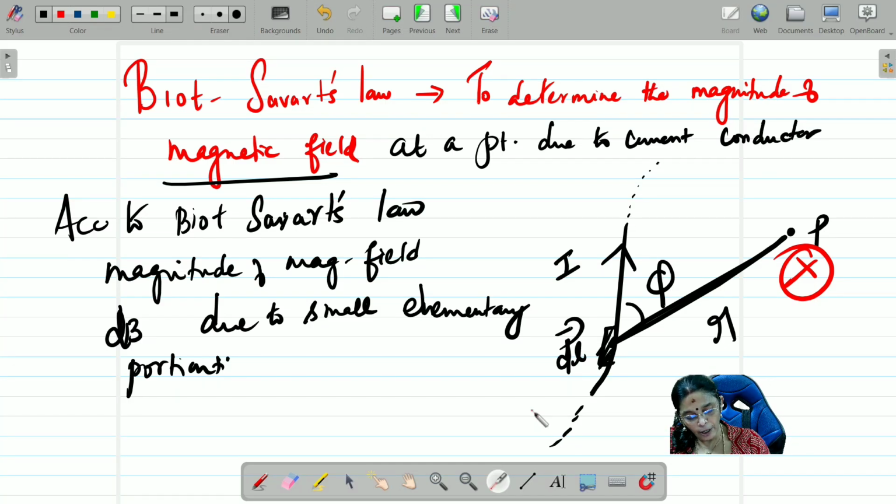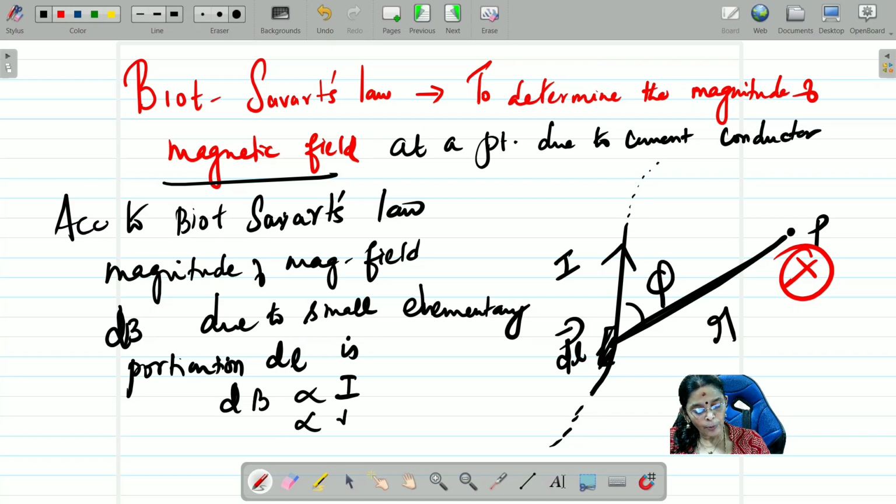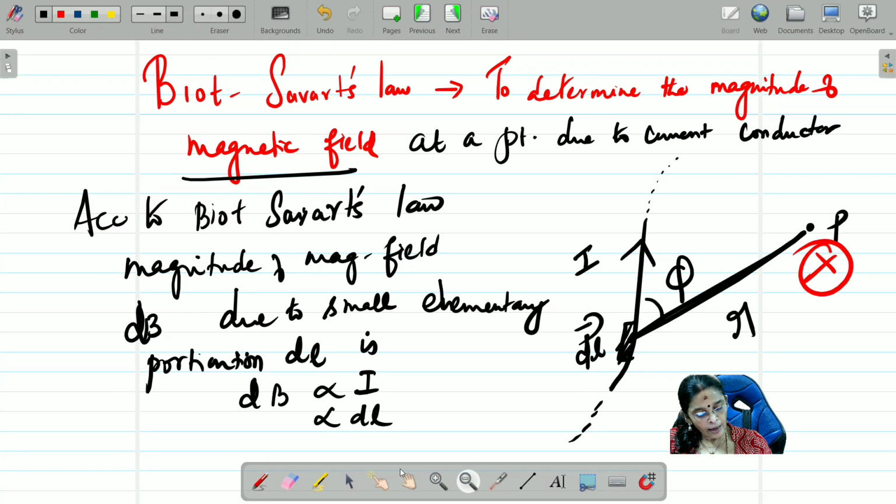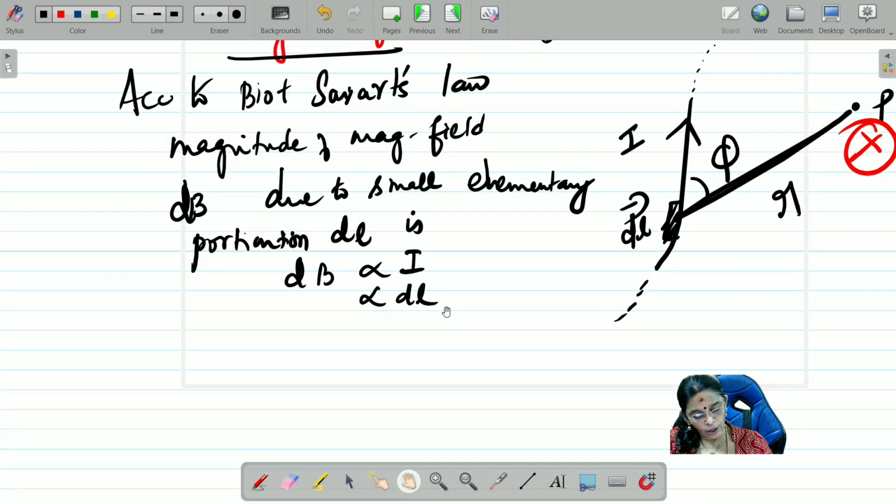Due to small elementary portion dl, dB is directly proportional to strength of the current, dB is directly proportional to length of the elementary portion, and dB is directly proportional to sine of angle between dl and r.